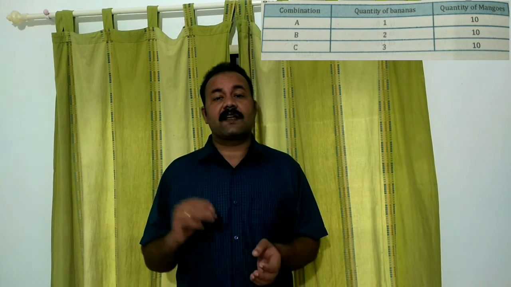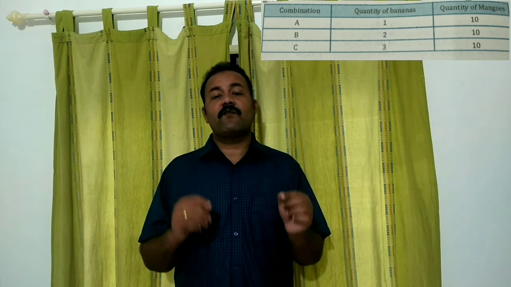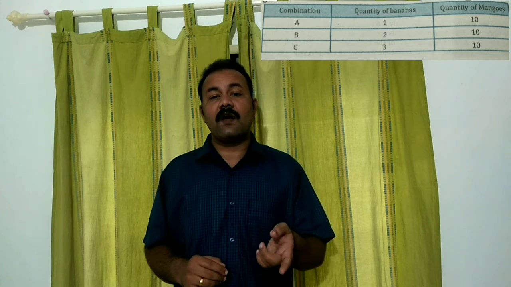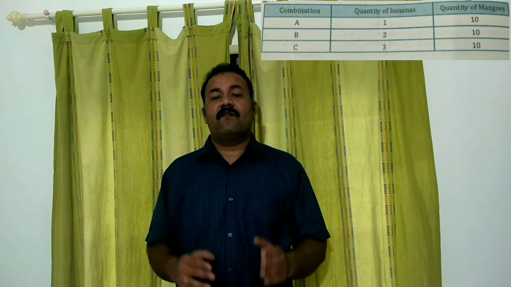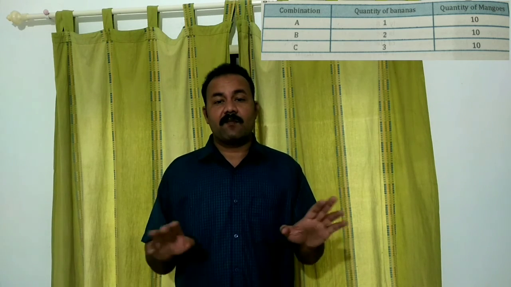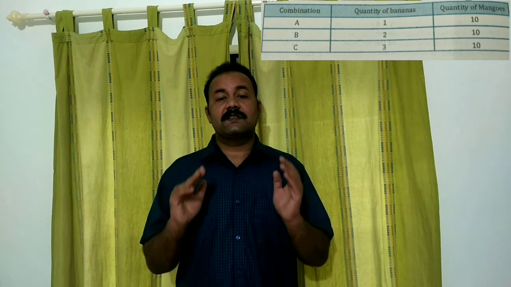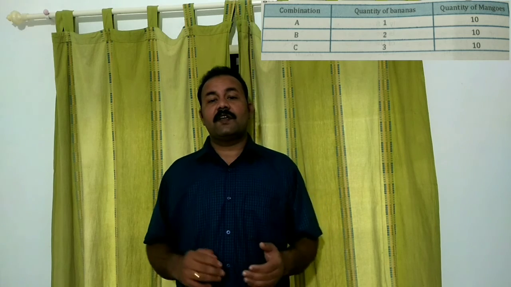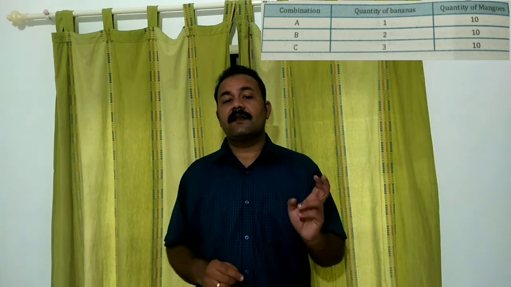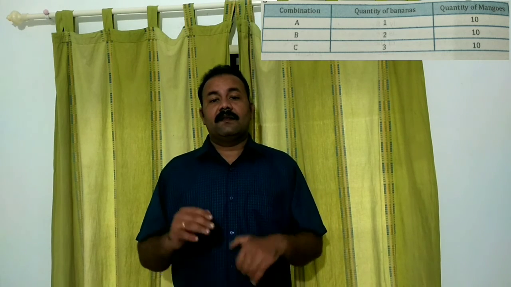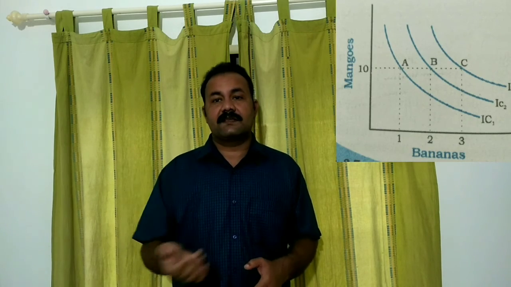There is no change in the second commodity, but he is consuming more units of the first commodity while the units of the second commodity remain the same. So he will get more satisfaction. In the third combination C, also the quantity of mangoes is 10, but he can consume 3 units of bananas here. Then consumption increases, and as a result satisfaction also will increase.